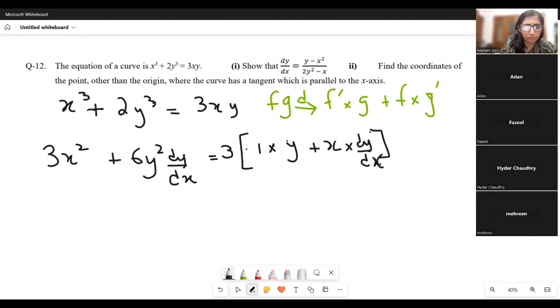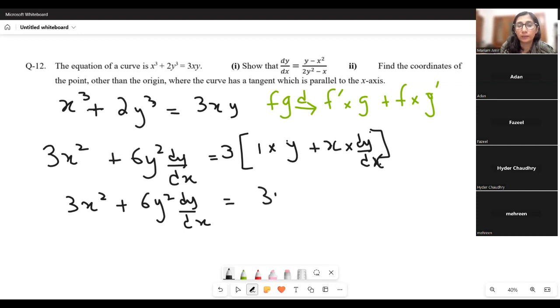So we have 3x squared plus 6y squared dy upon dx equals 3y plus 3x dy by dx. Okay.